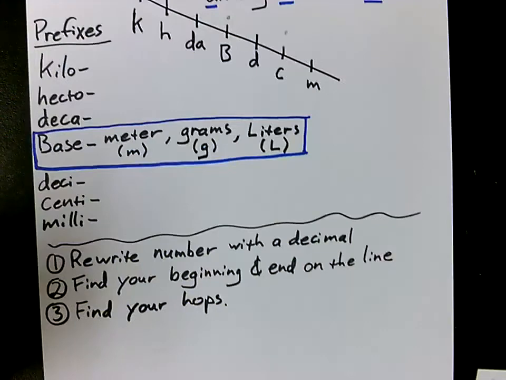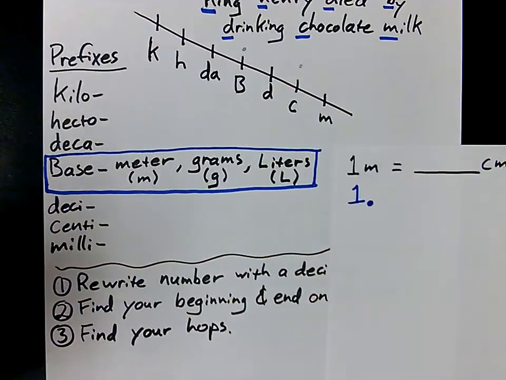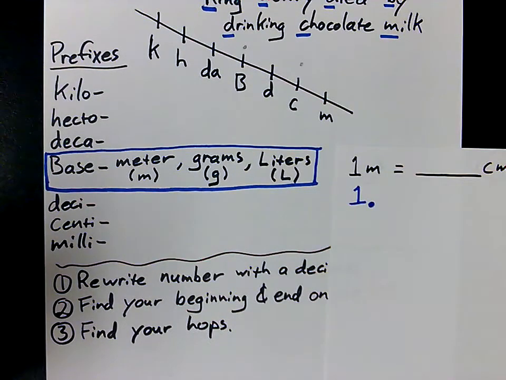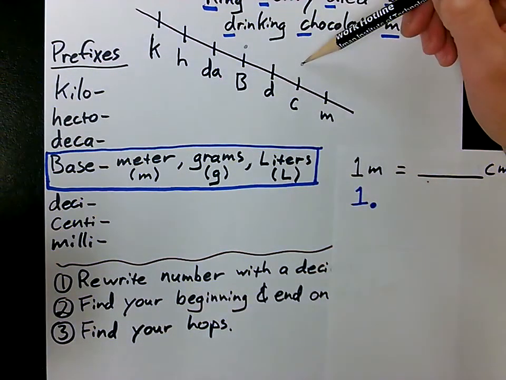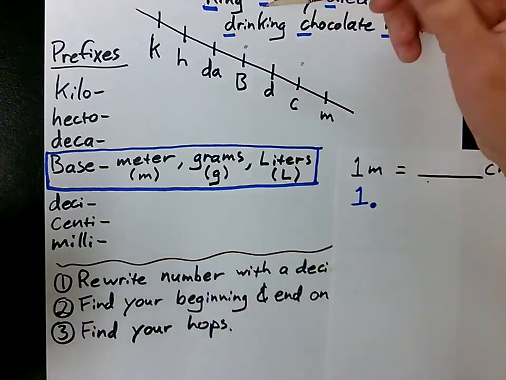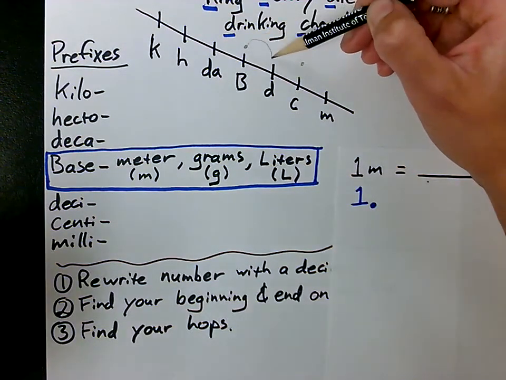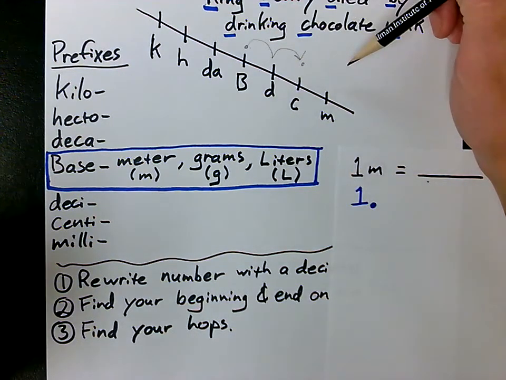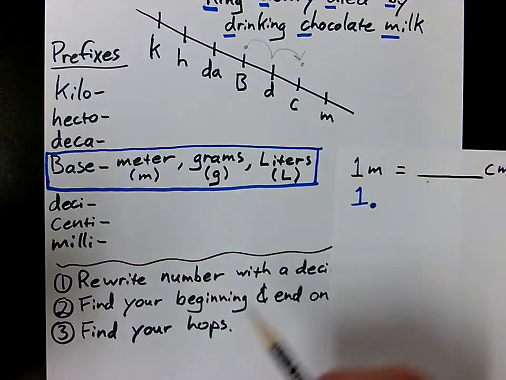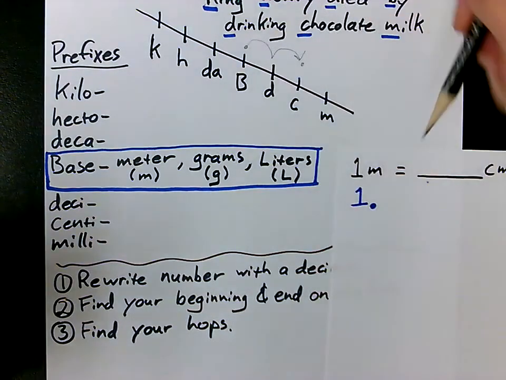Now what I mean by that is we've found where we want to begin, and that's here at our base unit, and we found where we want to end. We need to figure out how many hops are between those. So that's 1, 2 hops, okay? And that's to the right, all right? So we found our hops, 2 hops to the right.